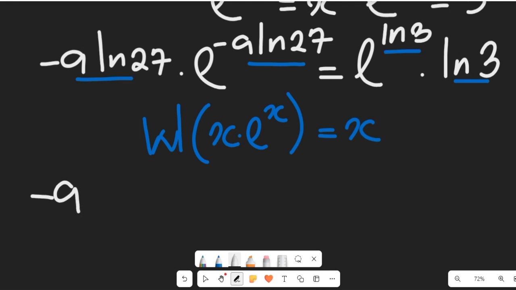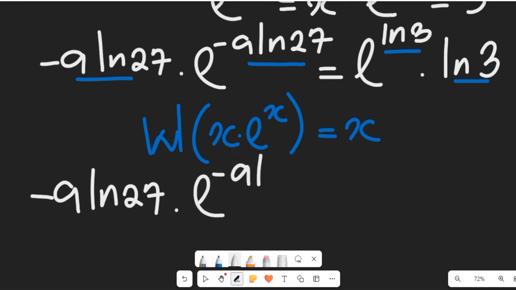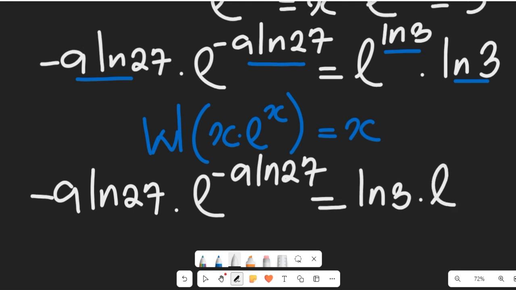negative a ln of 27 multiplying this expression negative a ln of 27, and that can give me ln of 3 multiplying the exponent value of ln of 3.